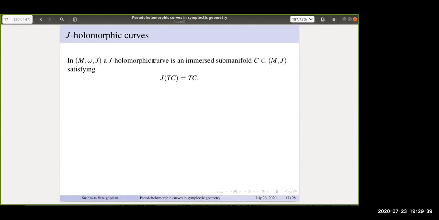One of the basic examples we have at our disposal: if you look at R^2n, the plane spanned by X1 and Y1 is holomorphic with respect to the standard J0, which we defined in our earlier slides. Okay.